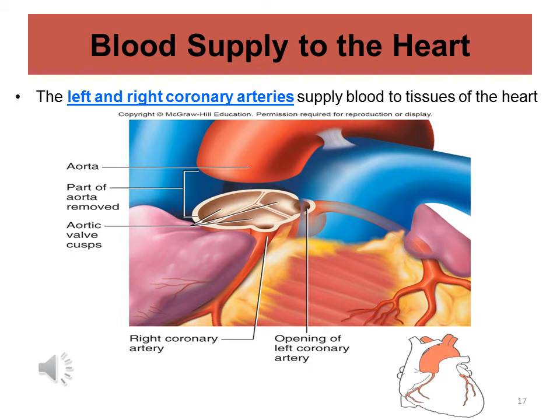So if you look at the left and right arteries and what they branch off to, you'll notice that the right coronary artery branches to the posterior interventricular artery, while the left branches off to the anterior interventricular artery. So understand that you have blood supply to the heart. It comes off the aortic valve, and the right and left coronary arteries supply different parts of the heart.